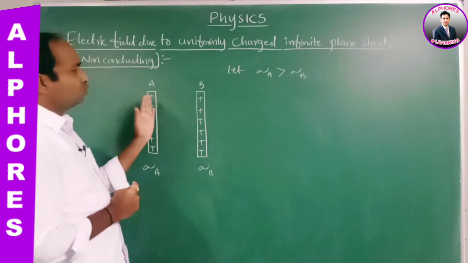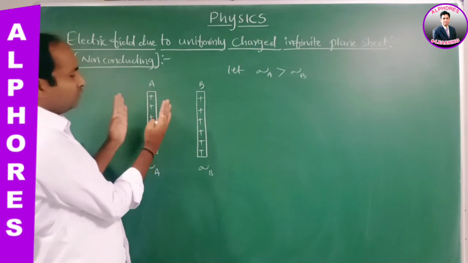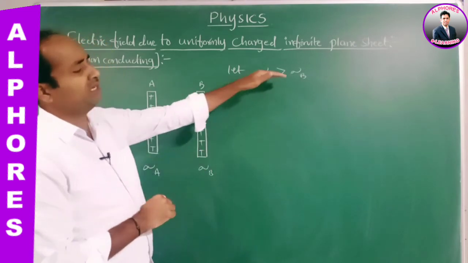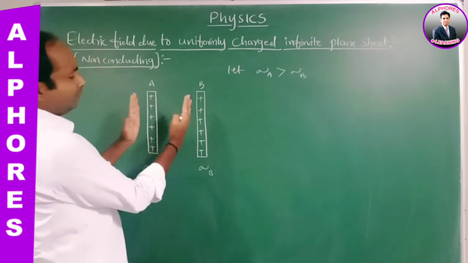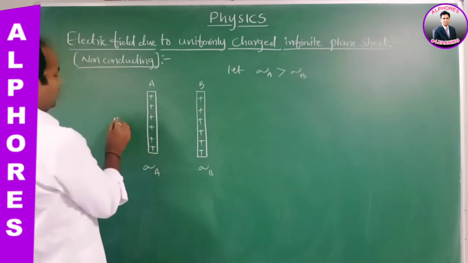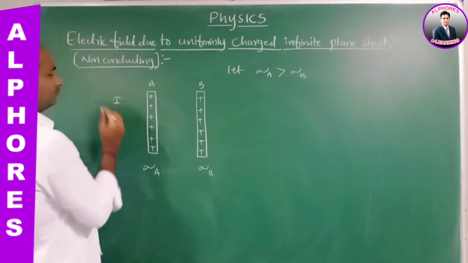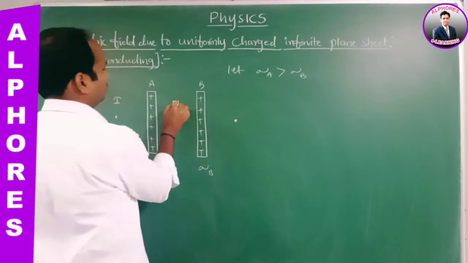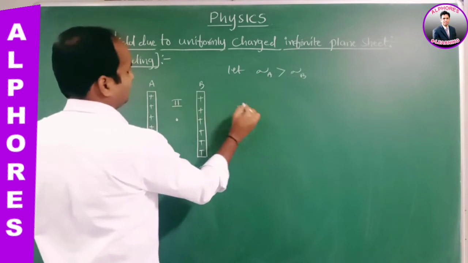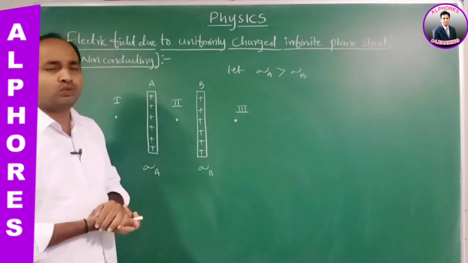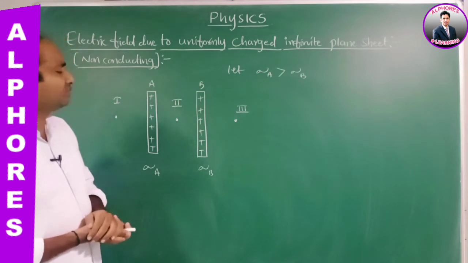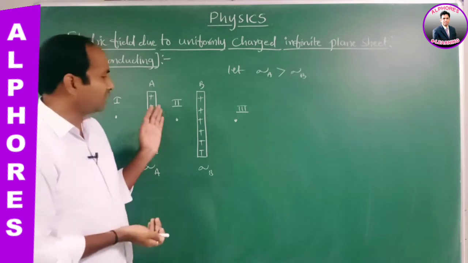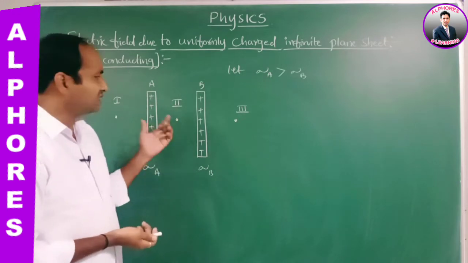Here the two non-conducting plane sheets are given positive charges, with surface charge densities sigma A and sigma B, and sigma A is greater than sigma B. The two plates are arranged parallel to each other, a certain distance apart.